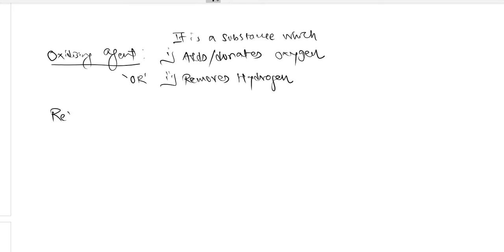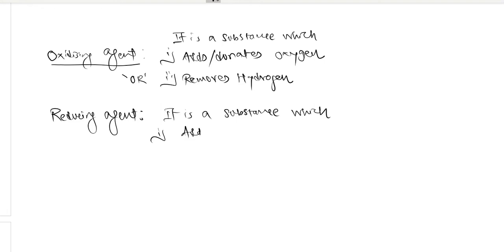Next is reducing agent. What is a reducing agent? It is a substance which, number one, adds hydrogen, or number two, removes oxygen.